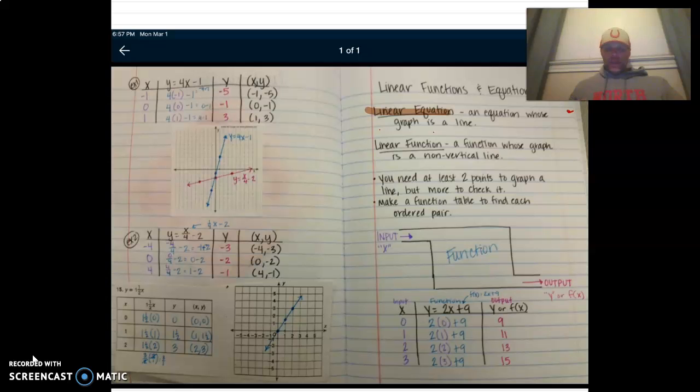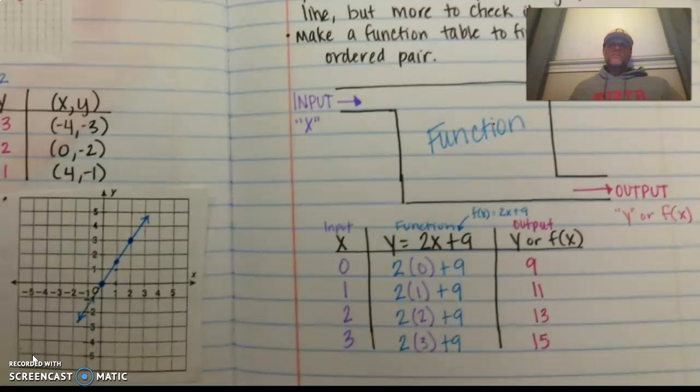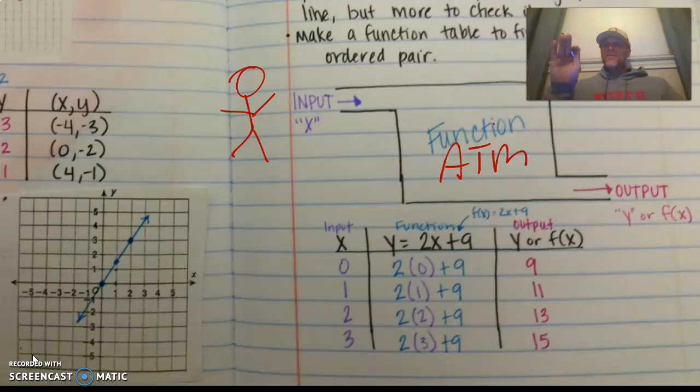So if we look at this down here, this is a function. Think about walking up to an ATM machine. Maybe you're right here, or your parents, or whoever, and here is the ATM machine. It's going to be a different kind of machine, but let's call it an FM machine, automatic function machine.